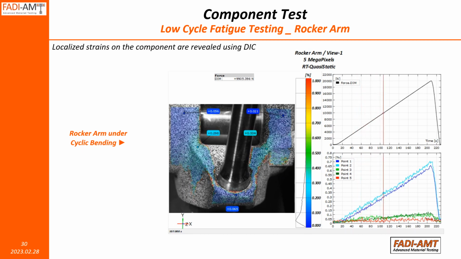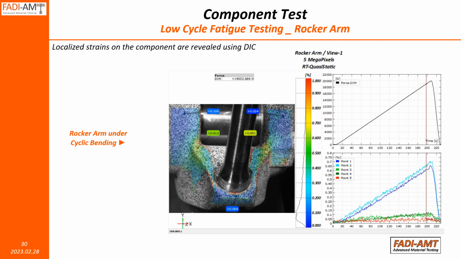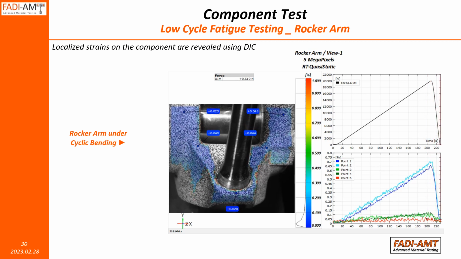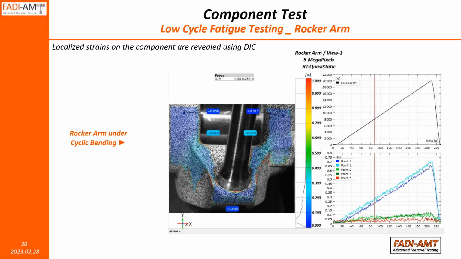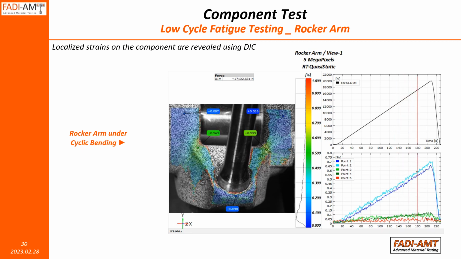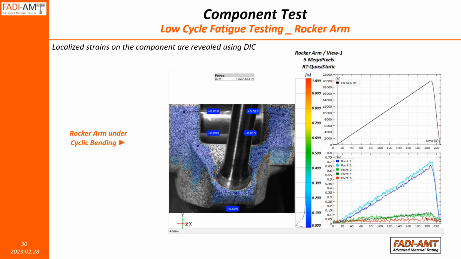On the left hand side strain contour, we see several points of displacement that are marked here. That's one of the biggest advantages of DIC, that you can create a virtual extensometer or a point measurement on the surface of the sample in the post-processing phase.